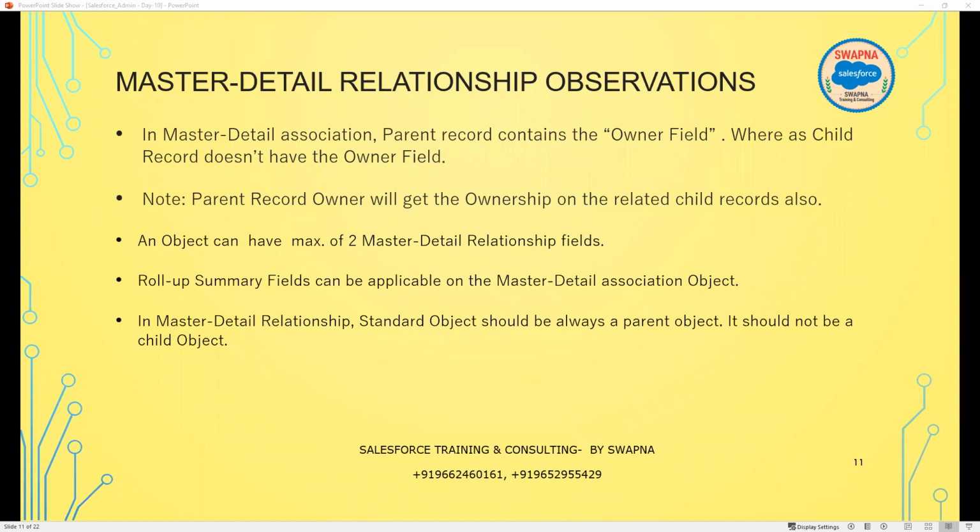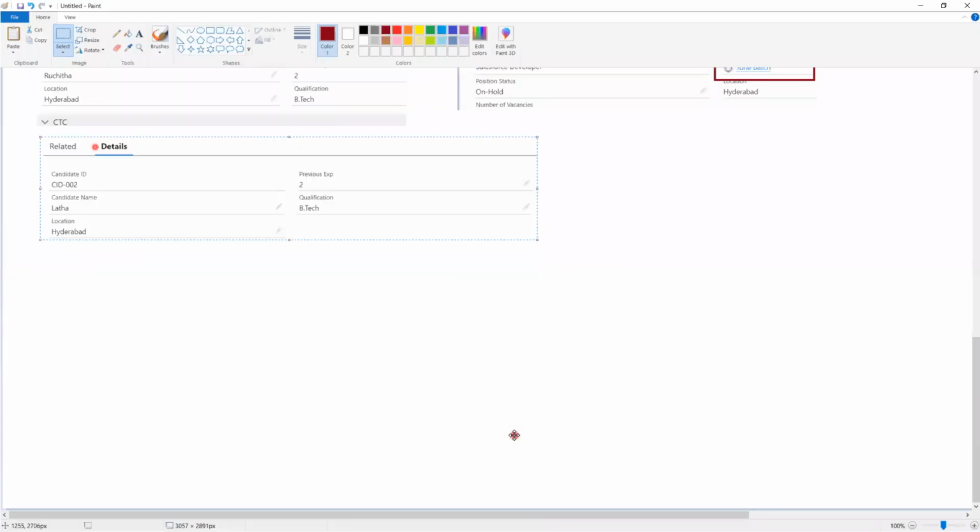Now that means if you have two objects, let's say this is the custom object.